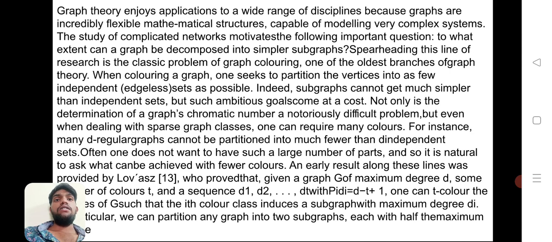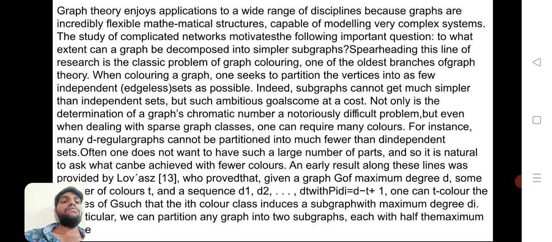Graph theory enjoys application to a wide range of disciplines because graphs are incredibly flexible mathematical structures capable of modeling very complex systems. The study of complicated network models raises important questions, such as to what extent a graph can be decomposed into smaller subgraphs. Spearheading these lines of research is the classic problem of graph coloring, one of the oldest branches of graph theory, which partitions a graph into as few independent sets as possible.